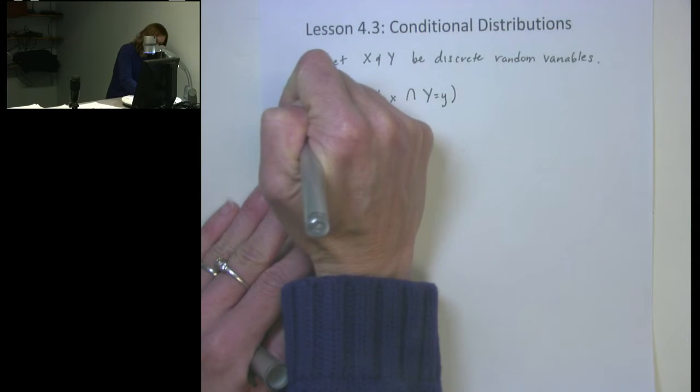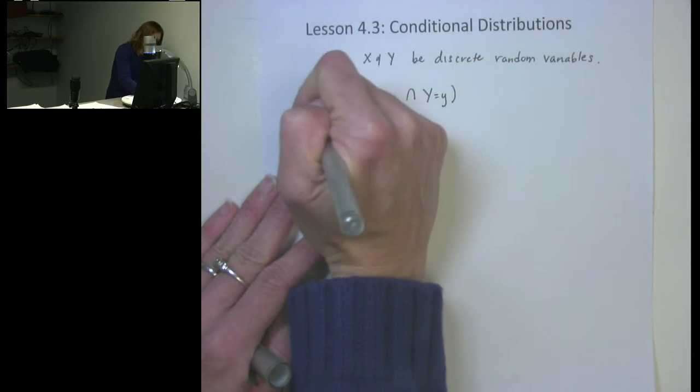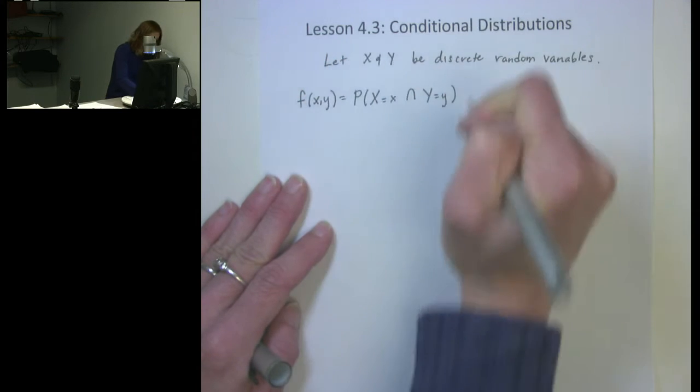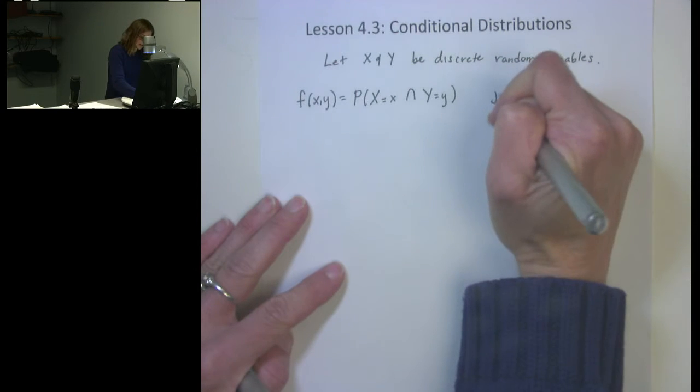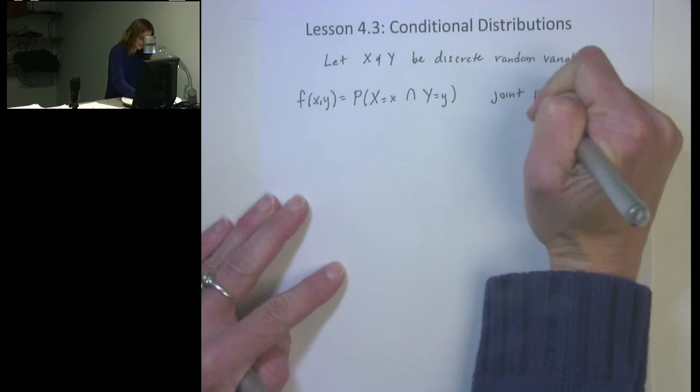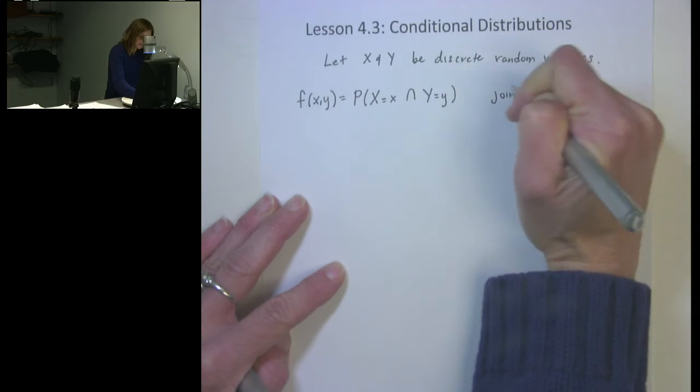This we call our joint probability mass function, little f of x, y. So that's our joint probability mass function.